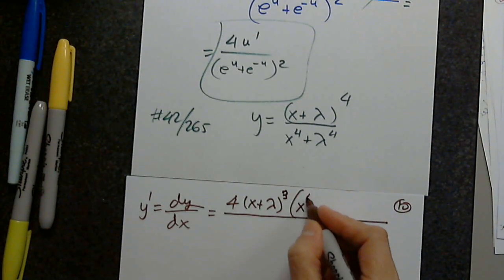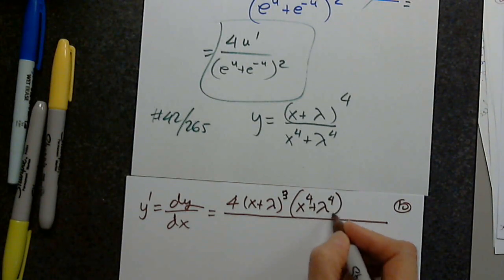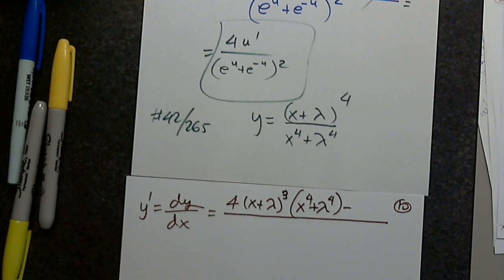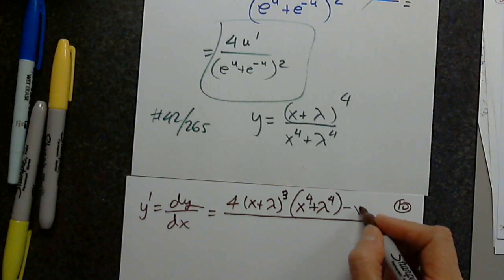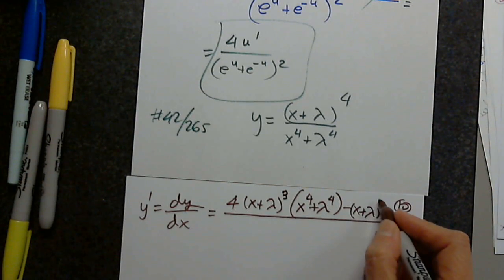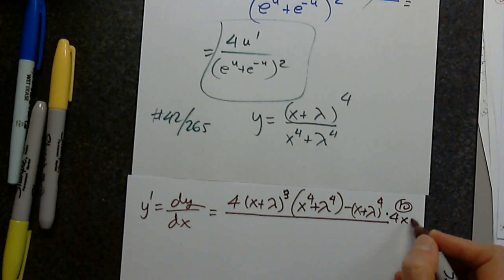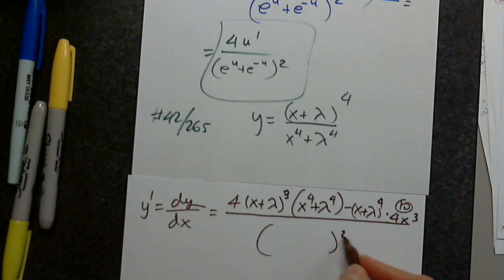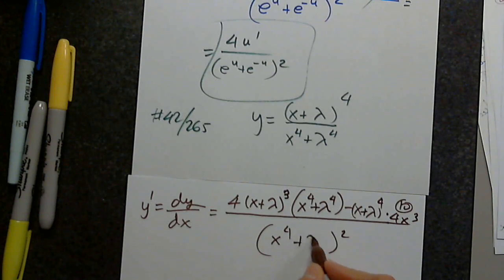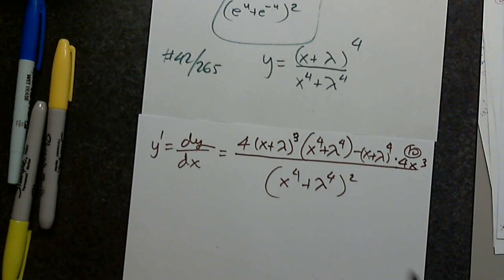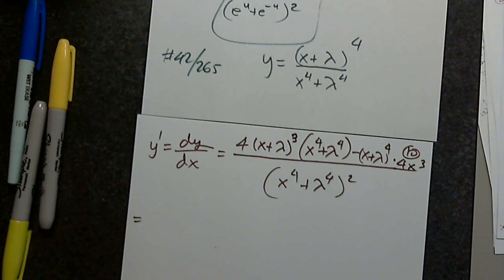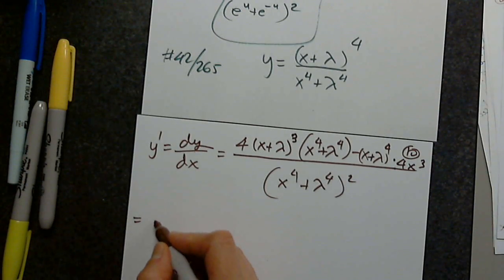Times the denominator minus, I copy the numerator, times the denominator prime. 4x to the third over the denominator squared. Perfect. Very good.